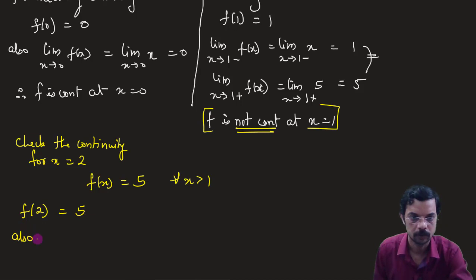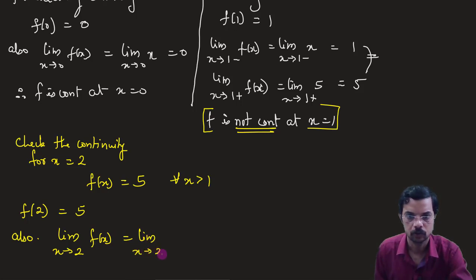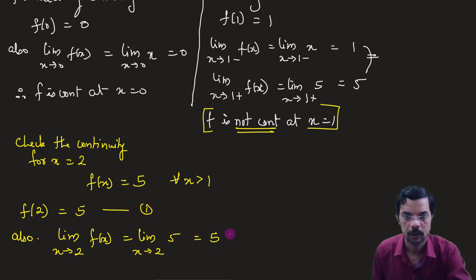Also, let us check the limit. Okay, so limit x tends to 2 from the left as well as from the right, f of x. Both sides the function is defined as 5, because just before 2 and just after 2 the values are going to be 5. Okay, so therefore it is equal to 5 and that is equal to 5. Here these two are equal.